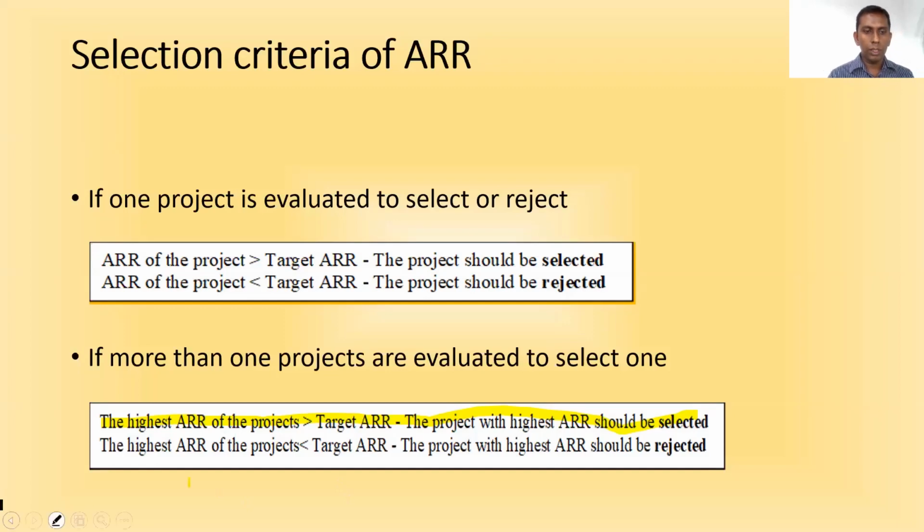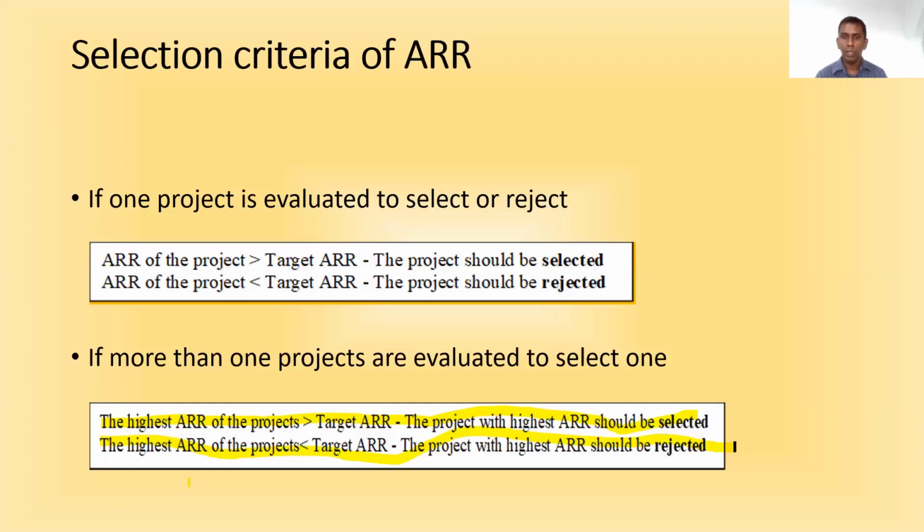Okay, my students, but sometimes both A and B generate ARR more than the target ARR. Suppose our target is 25%, A generates 26% and B generates 25.5%. Now we have a problem: whether we are going to select both or not.